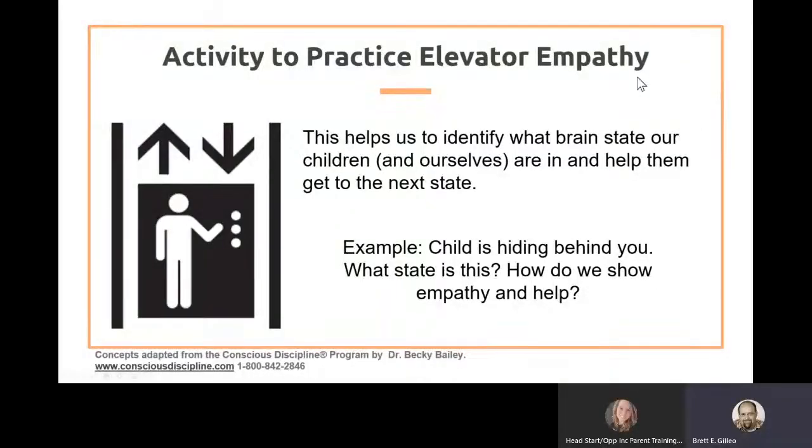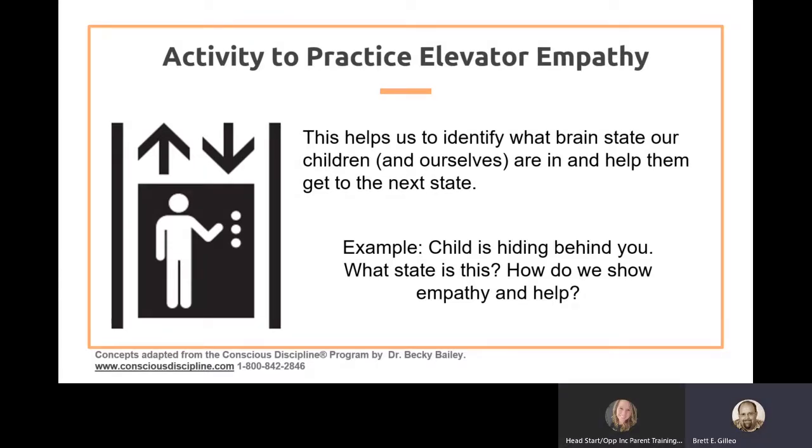So this slide talks a little bit about understanding where kids are on the brain state model, and how we can move them up and down, or up to the point where we can assist them with being ready to learn.